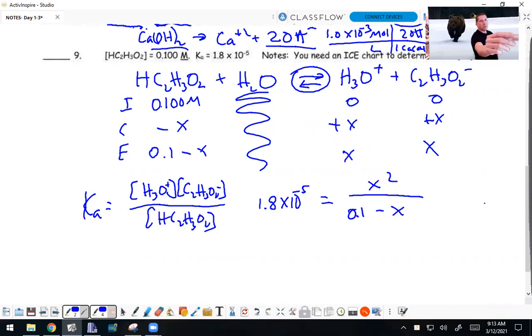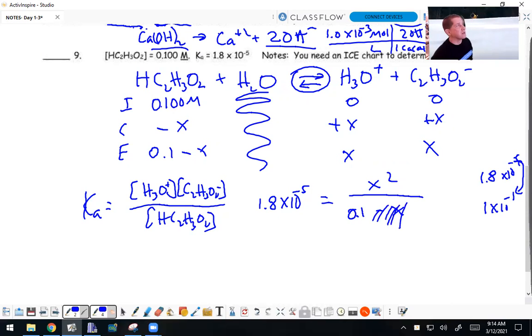Now 0.1 is 1 times 10 to the minus 1, and the K value is 1.8 times 10 to the minus 5. So we have an order of magnitude difference of 4 decimal places. So there's a really good chance that this minus X right here is not going to matter. We're going to do a percent ionization when we're done to check that. And that's that 5% rule that we talked about with equilibrium.